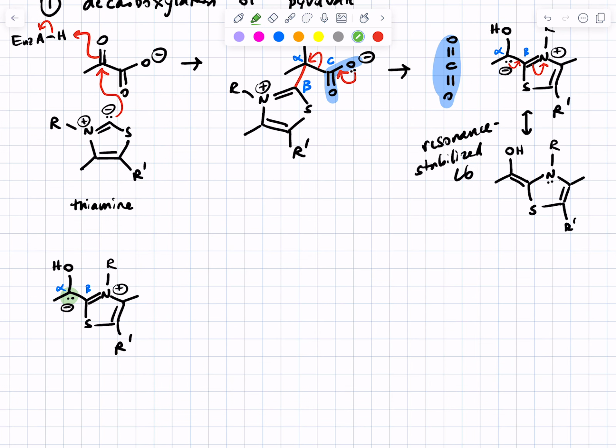Okay, questions about that? That's probably the most complicated step of the pyruvate dehydrogenase complex. The point is that thiamine allows you to decarboxylate an alpha keto acid by temporarily installing an electron sink for the electrons to go. Other questions?